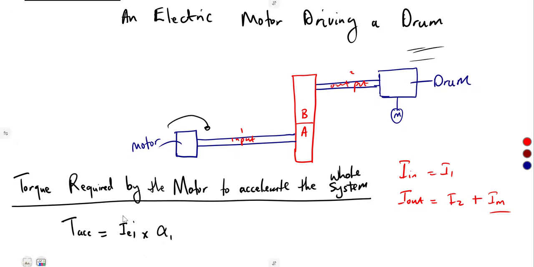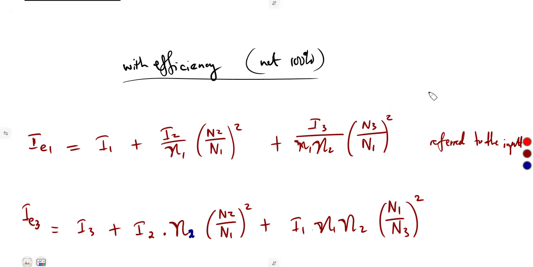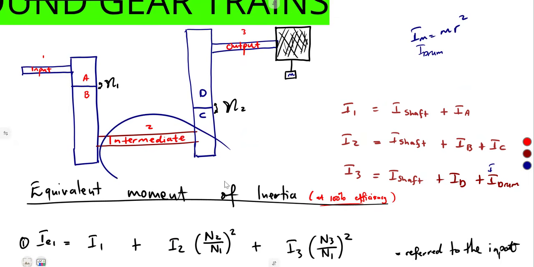But the question is, what about this equivalent moment of inertia referred to the input? Is it the same as I calculated before? No. Because here, if you check, we had 1, 2, 3 output shafts according to our diagram.